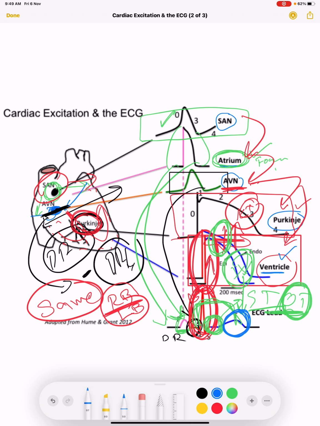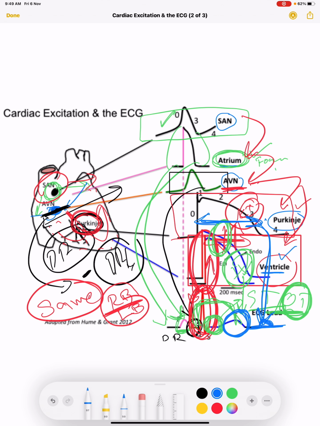And after that, there is a flat line which will be our baseline, and sometimes we can have another wave that is called the U wave, which shows Purkinje fiber repolarization, because Purkinje fibers have a longer action potential and they repolarize even after the ventricles. So we can have a U wave after that.